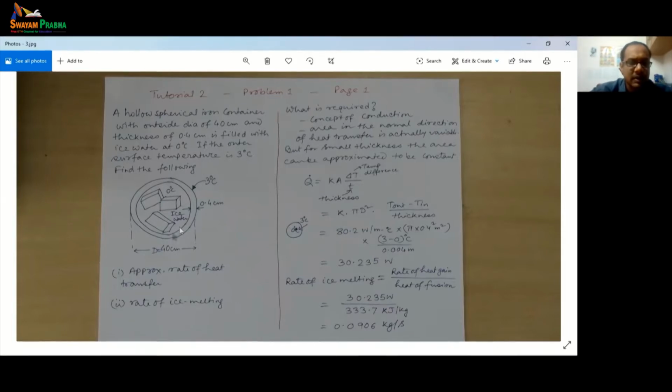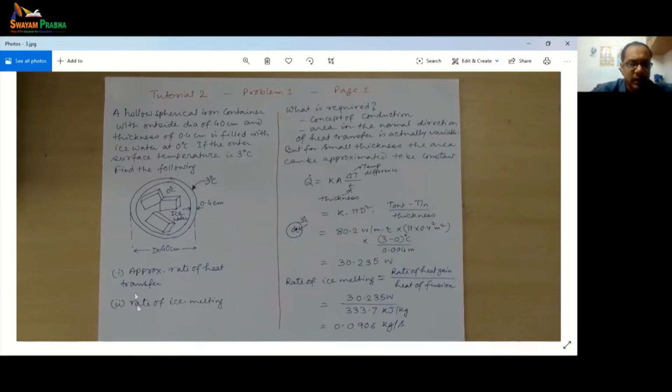You can see there are some ice blocks and there will be some water as well. It's filled with that ice water mixture and it is at 0 degrees centigrade. Now the outer surface temperature is measured to be 3 degrees centigrade. If this is the case, then you have to find the following.